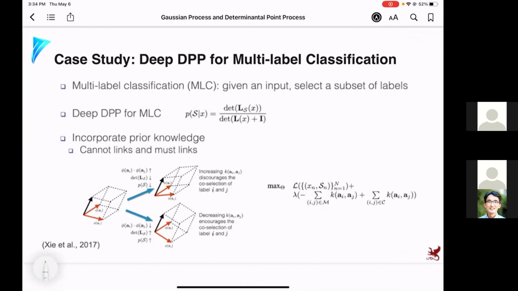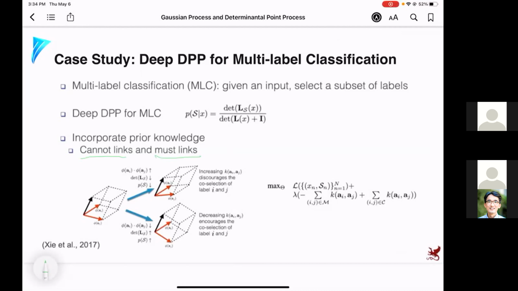So besides just maximizing the regular DPP log determinant, we can also include constraint terms such as cannot-links and must-links, to describe what kind of items tend to be selected together and what kind of items tend not to be selected together.